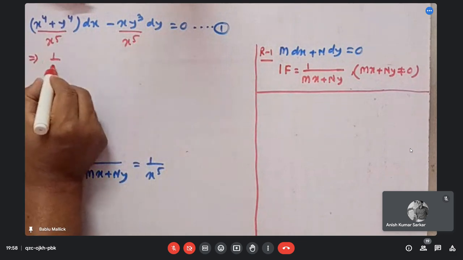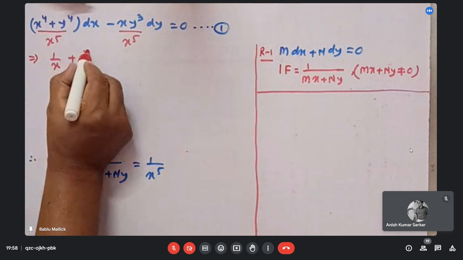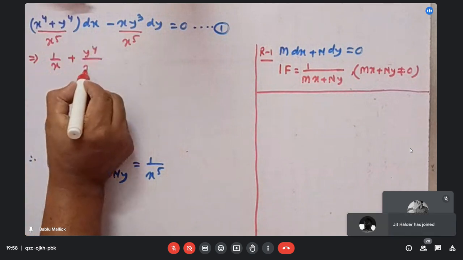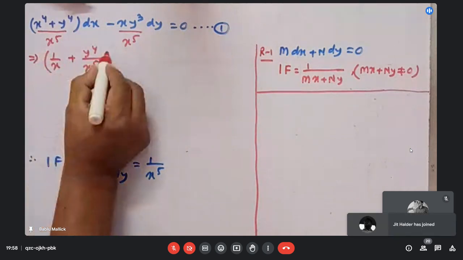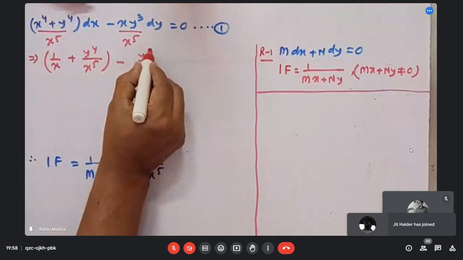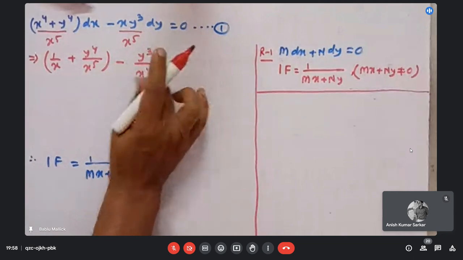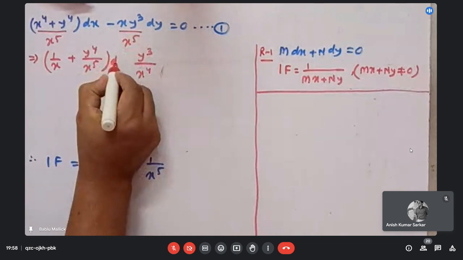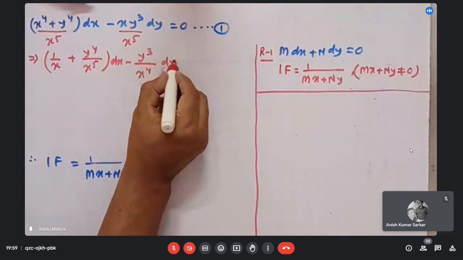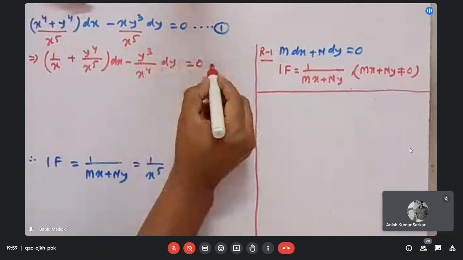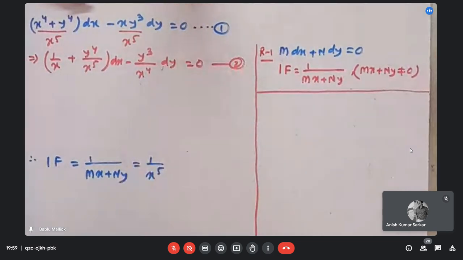Separate it: it is 1 by x plus y to the power 4 by x to the power 5, this dx, minus y cube by x to the power 4, this dy, is equal to 0. This is number 2.